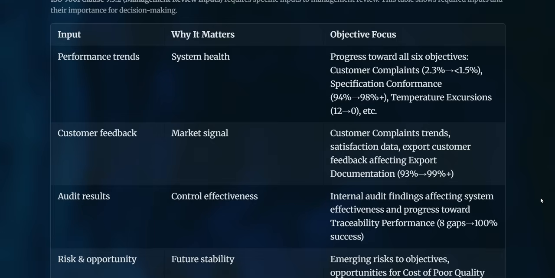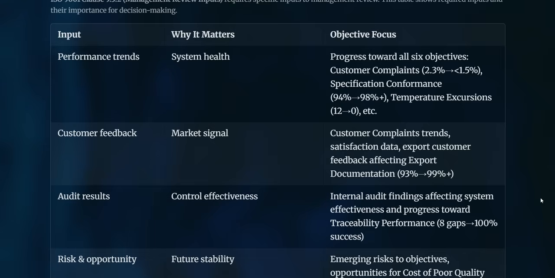Another input should be customer feedback, which matters because it shows market signal. The objective focus with customer feedback includes customer complaints trend, satisfaction data, and export customer feedback affecting the export documentation, which links to our objective of improving the accuracy to 99%.